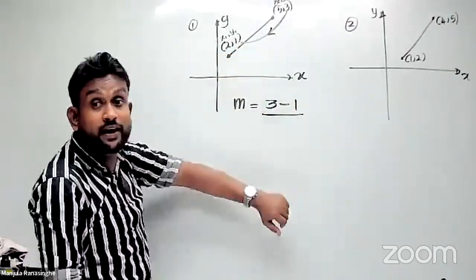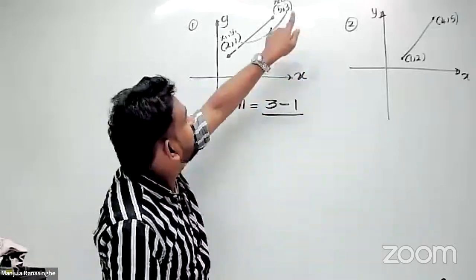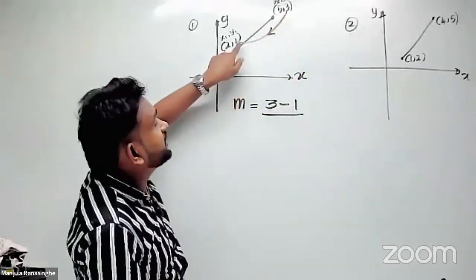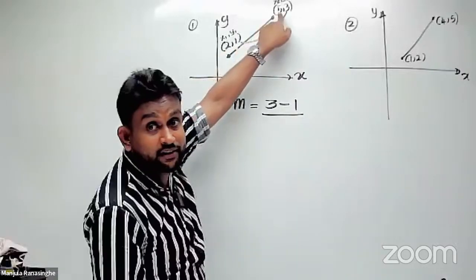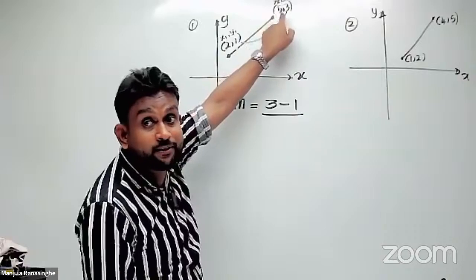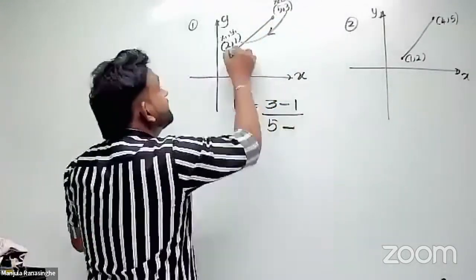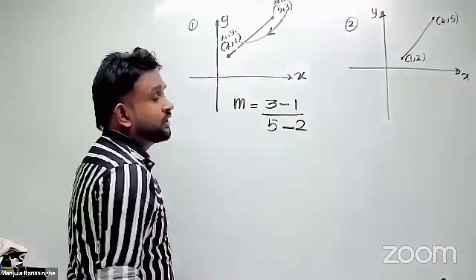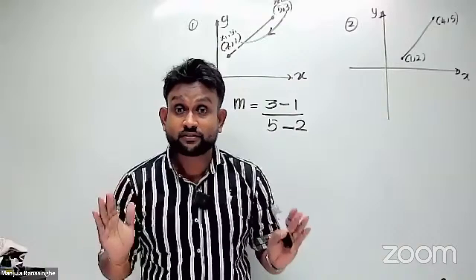Divide by the x difference. How to take the x difference? If you choose this direction for the y subtraction, the same direction must be used for x. So x shall also start with 5: 5 subtract 2. Understood? You got y difference over x difference.